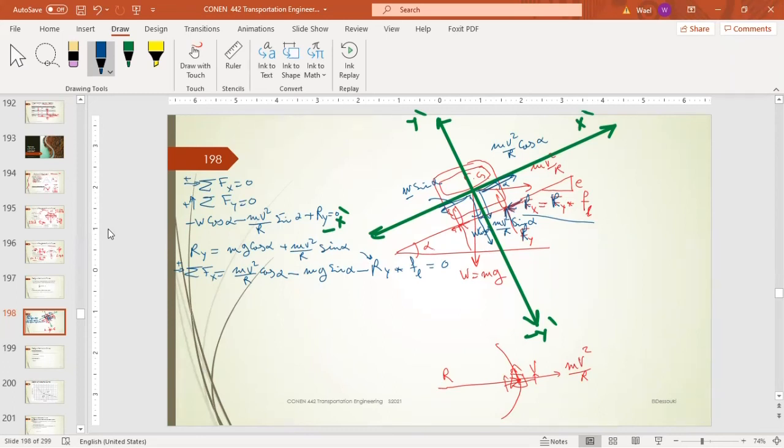Let's take this part on one side and the negative part on the other side.